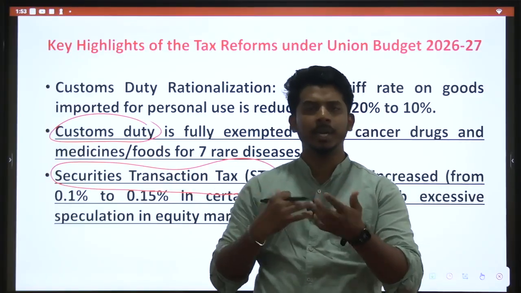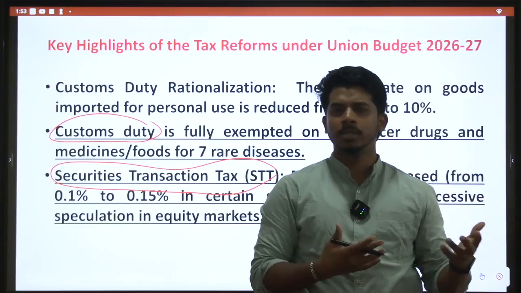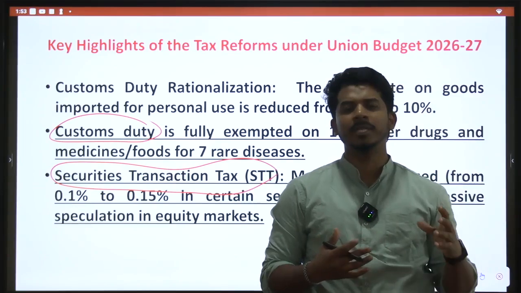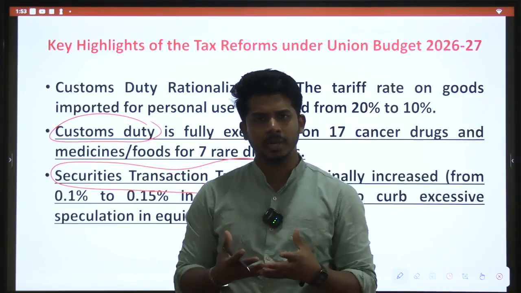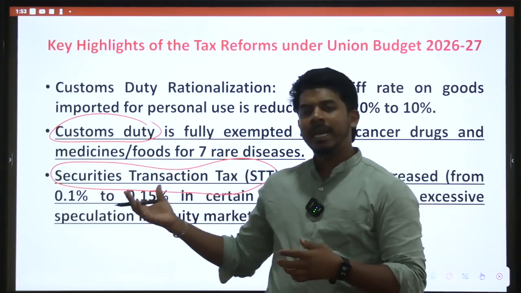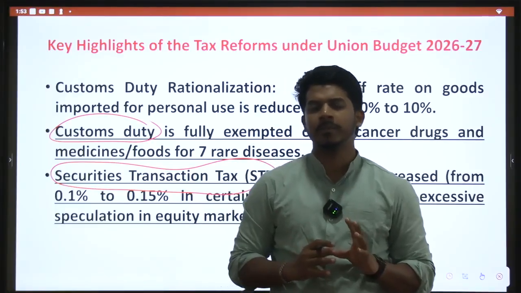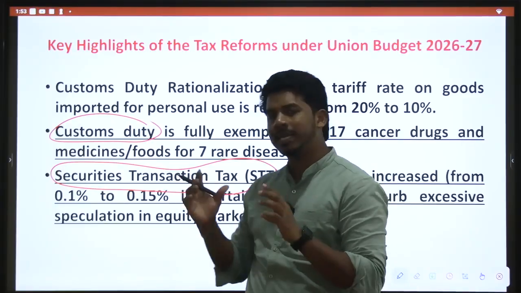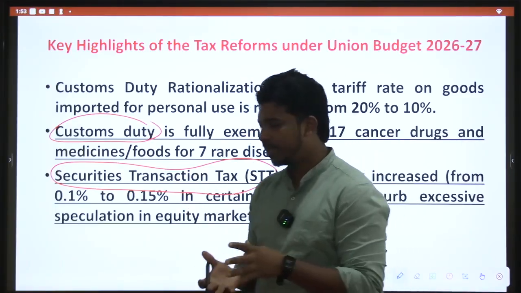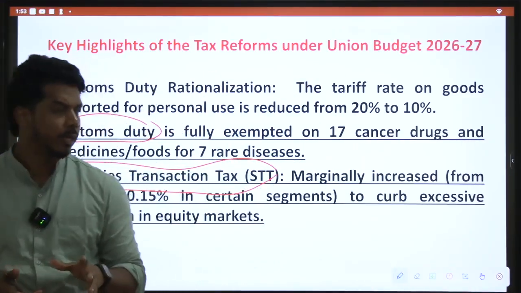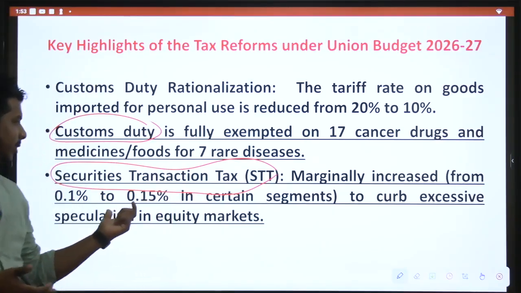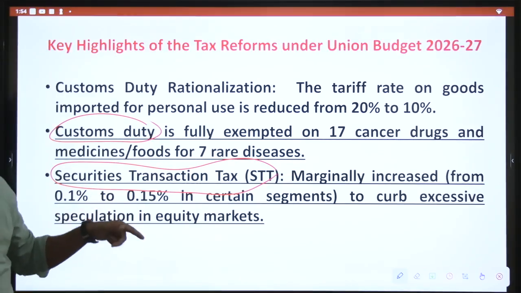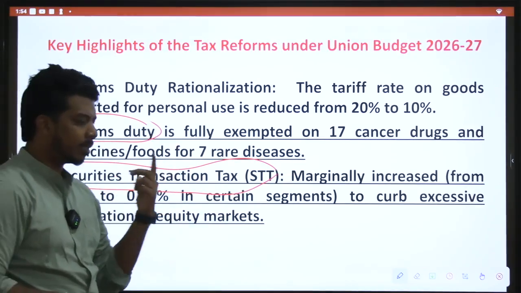When you transact the securities, whether you buy or sell, you will be paying Securities Transaction Tax. This is usually seen in the stock market. They have increased this tax from 0.1 to 0.15 on some transactions. So there is a marginal increase.